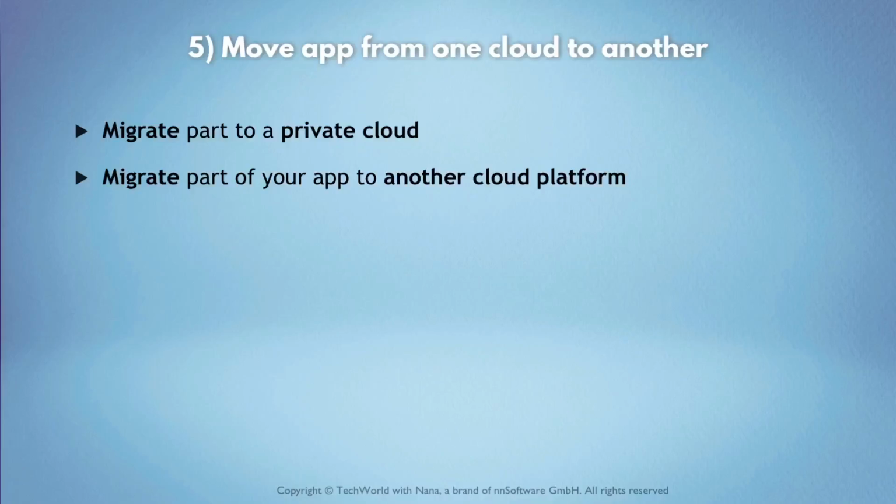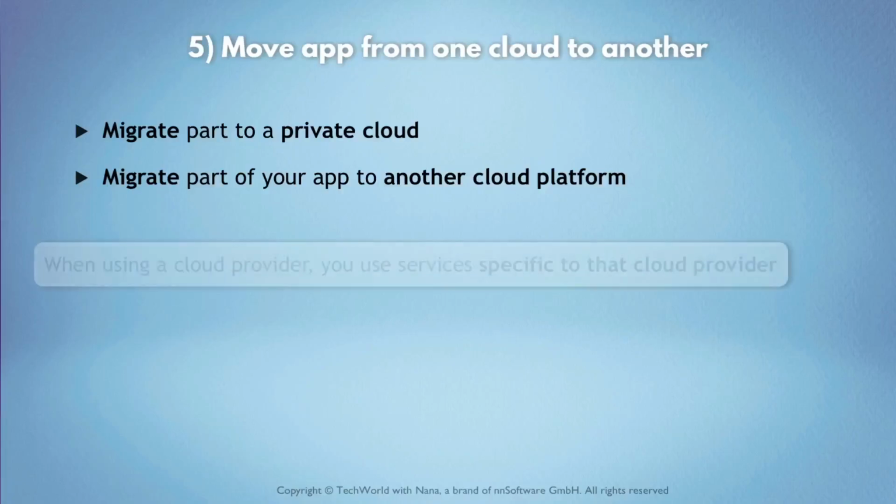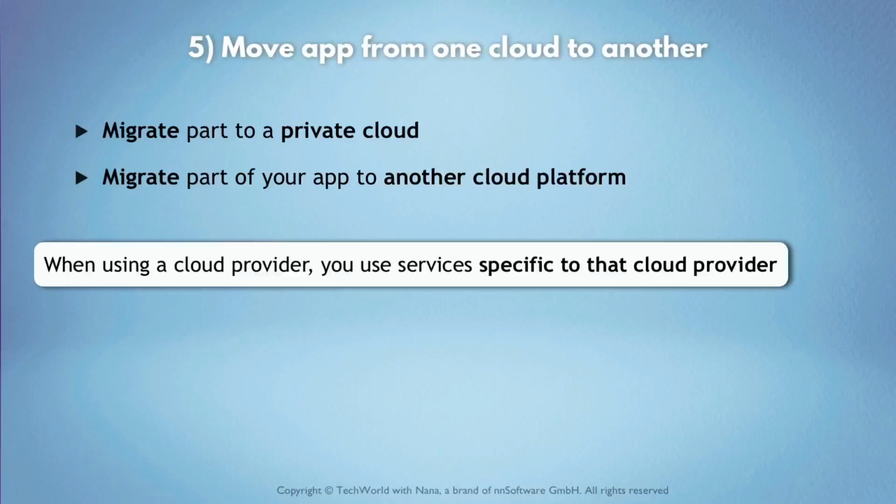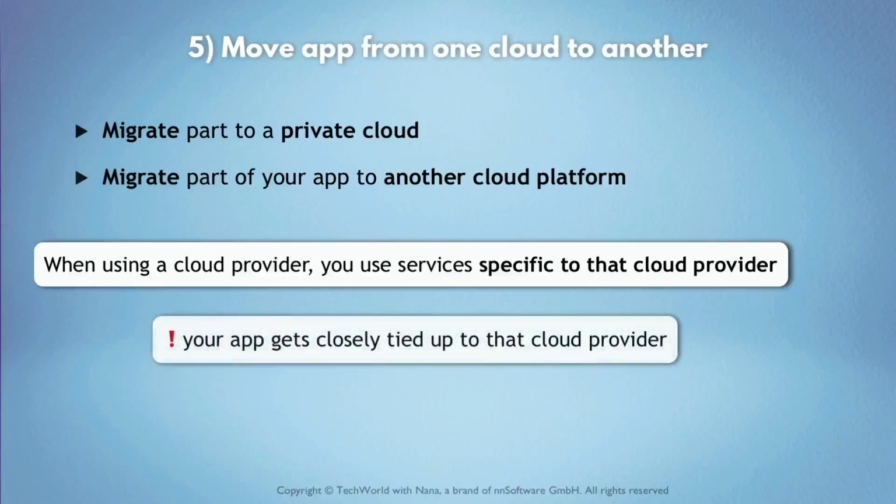Usually what happens is when you set up your Kubernetes cluster on a cloud platform, you end up using its services like native load balancers and storage or some APIs that are specific to that cloud provider. So your application or parts of your application get closely tied to that specific cloud provider, and you can't migrate easily.